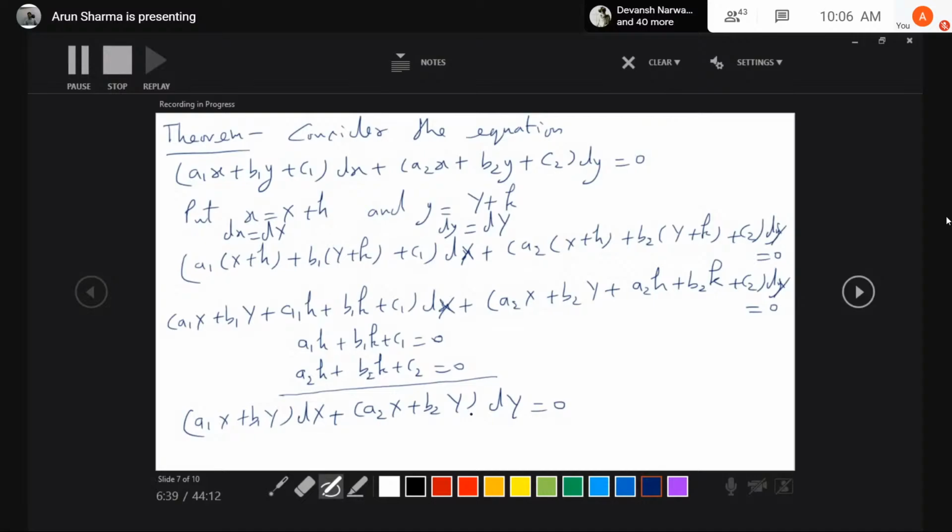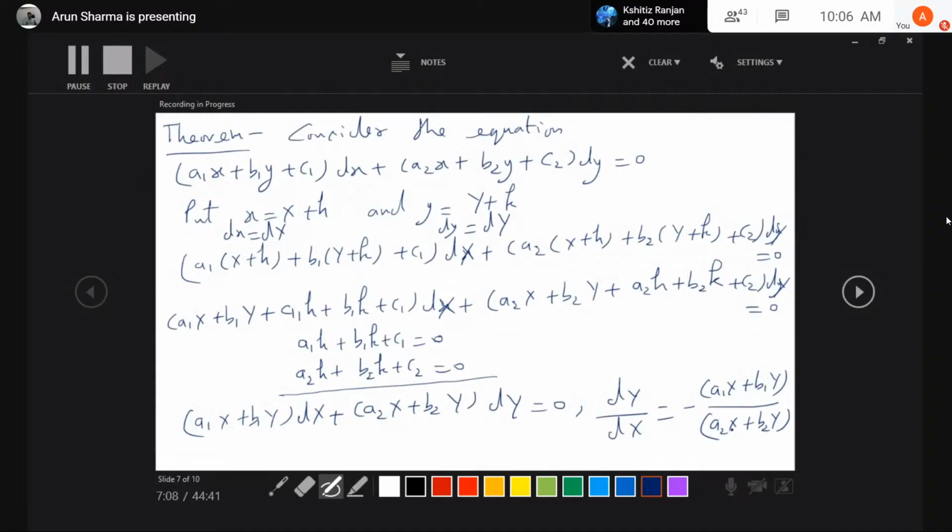One technique is to write it in this form: dY by dX equals minus (a1X plus b1Y) divided by (a2X plus b2Y), and then solve it. Now you can see this form is homogeneous.